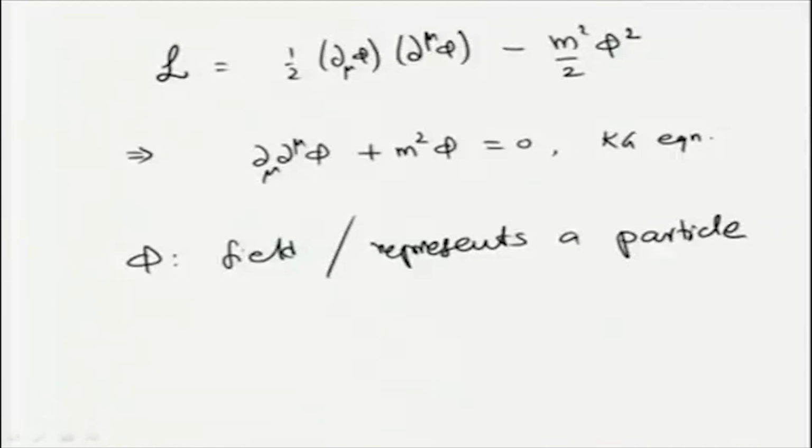So, this is what quantum field theory does. In relativistic quantum mechanics, when we discussed the Klein-Gordon equation, we considered phi as a wave function, and there is a subtle difference here when we consider this phi now as a field.